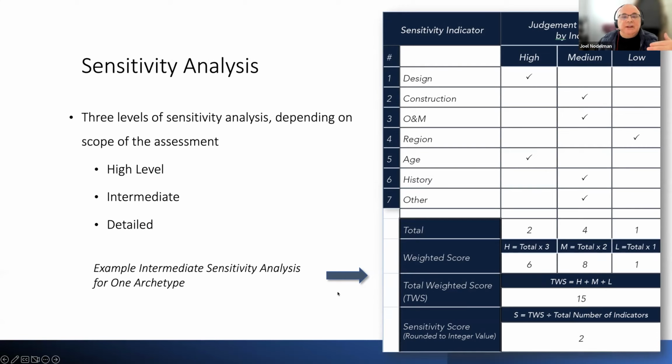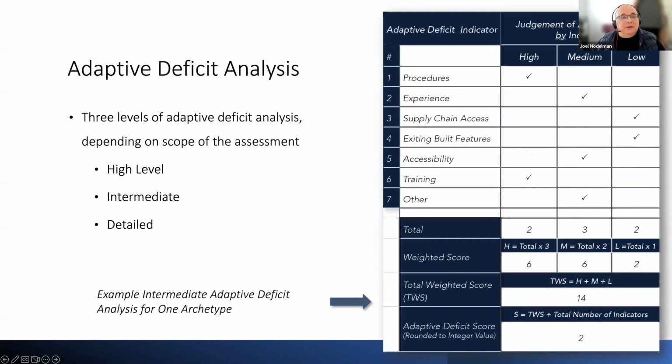And it looks at the things that we believe are driving the sensitivity in this area. So for design, is it a high sensitivity, medium, or low? That sort of thing. And then it creates a numerical factor out of that so that we can use our equations. Adaptive deficit does the same thing from an adaptive deficit perspective.